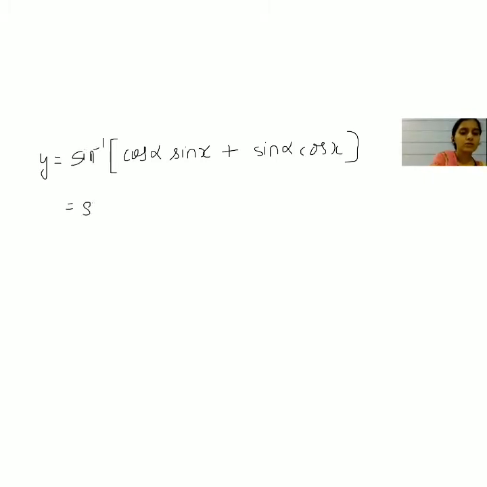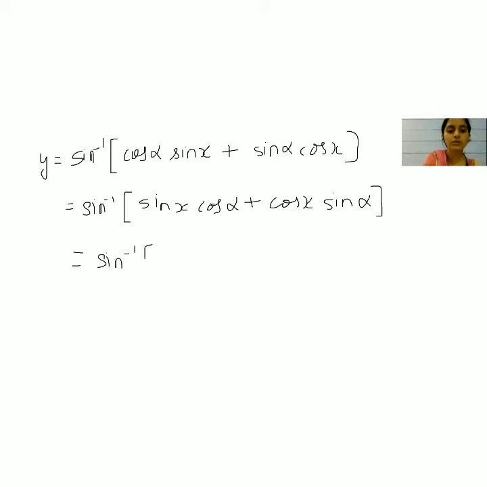So inside the sin inverse, this can be written as sin x cos alpha plus cos x sine alpha. This is the formula for what? Sine of a plus b, right? Sine of a plus b is sine a cos b plus cos a sine b. So we can write this as sine inverse of sine of a plus b, so x plus alpha.